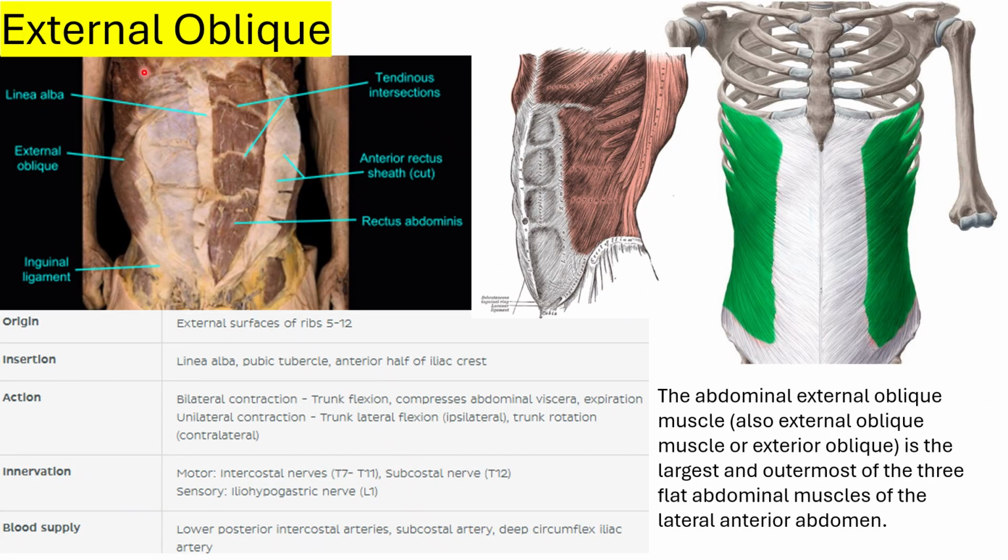Let's study external oblique now. The origin of external oblique is the external surface of ribs 5 to 12. Insertion is linea alba, pubic tubercle, and anterior half of iliac crest. Action is bilateral contraction: trunk flexion, compresses abdominal viscera, expiration. Unilateral contraction: trunk lateral flexion ipsilateral, trunk rotation contralateral.